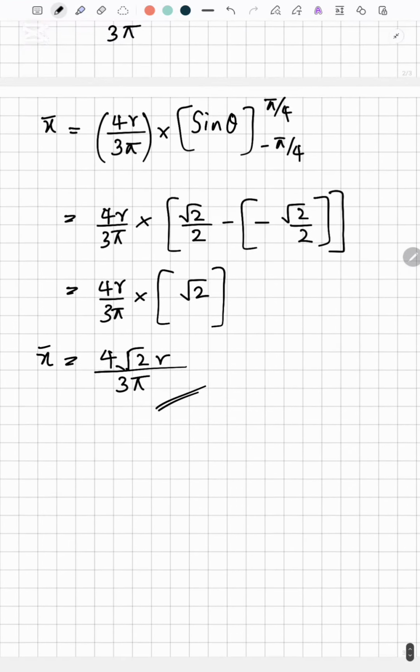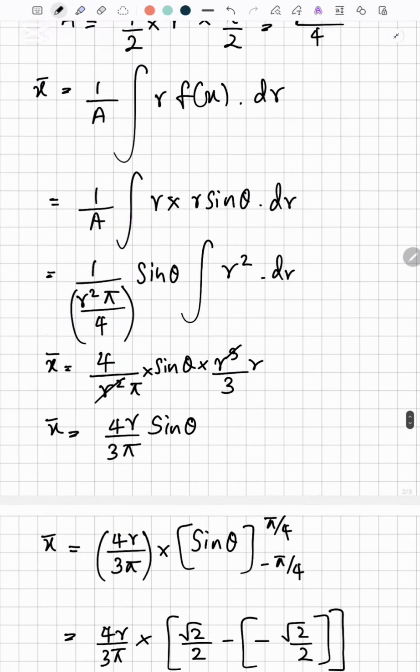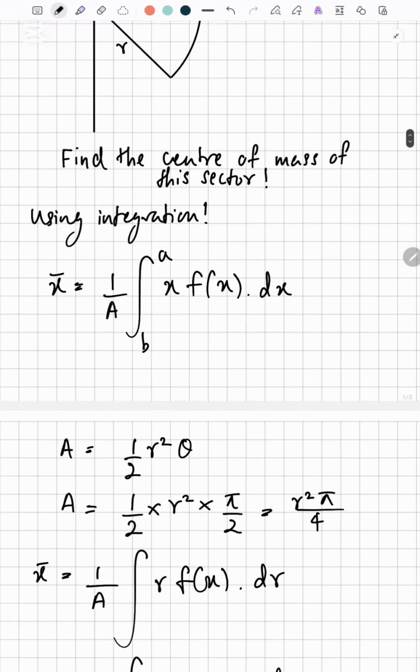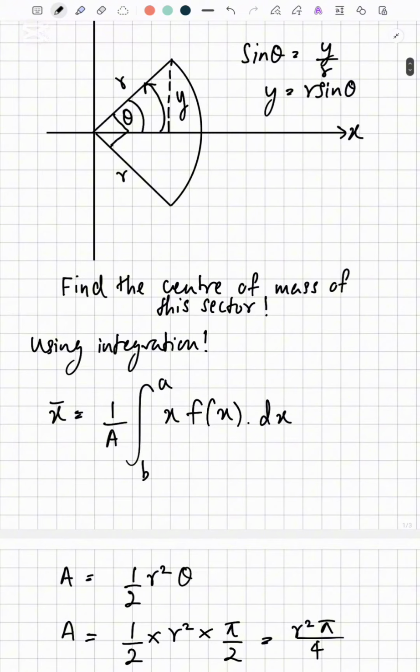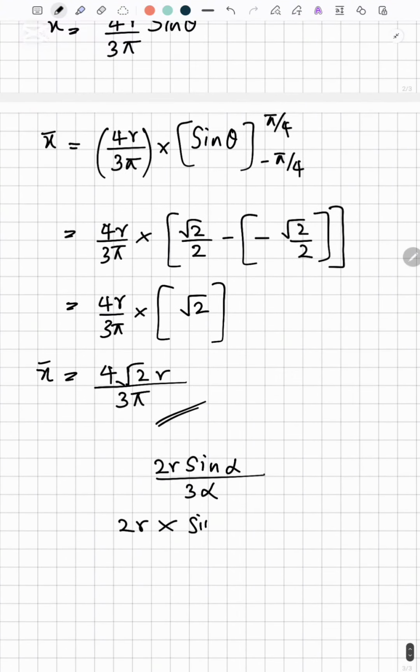We can confirm this using the general formula 2r sine alpha over 3 alpha. So 2r into sine alpha. I told you previously, alpha is going to be half of the total, which is sine 45, over 3 into alpha, which is pi over 4, right?